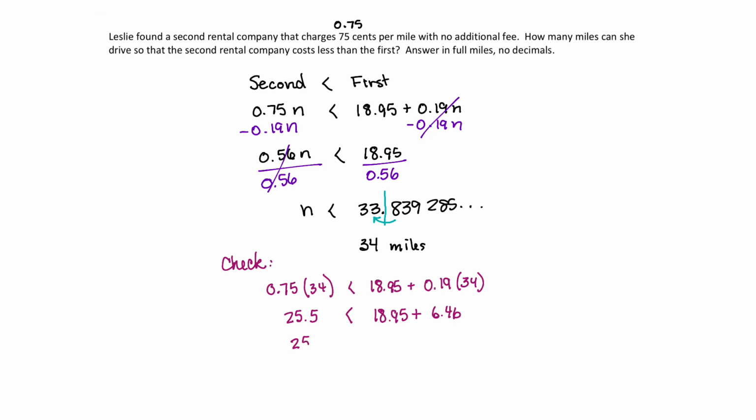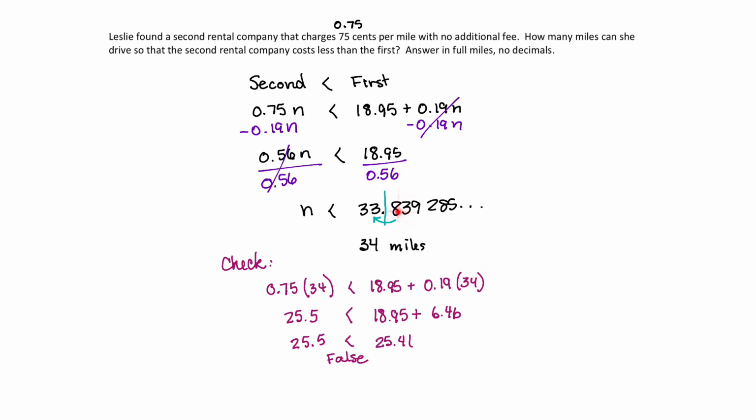So, calculator time, we get 25.41, which is false. Okay, the reason it's false is because we had to round. If I would have used this exact number in here and here, it would have been fine.